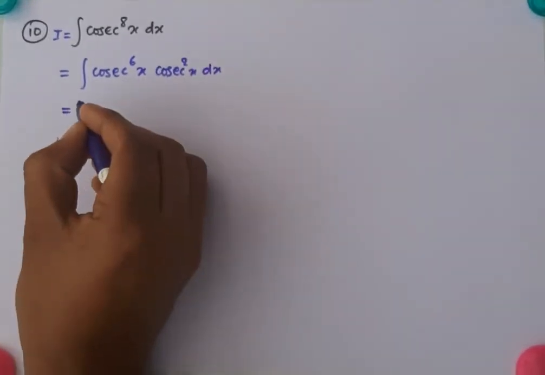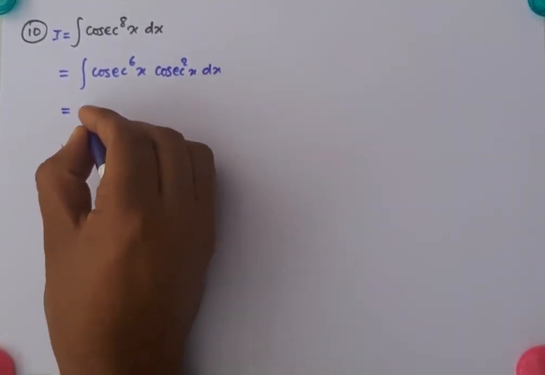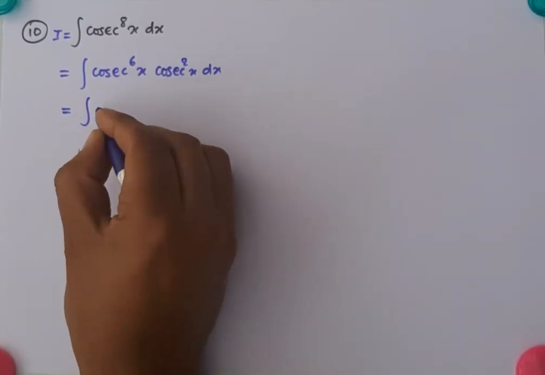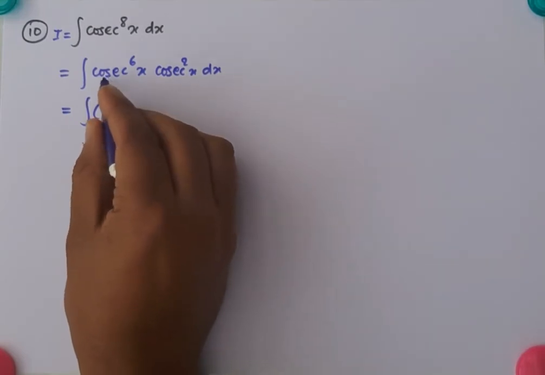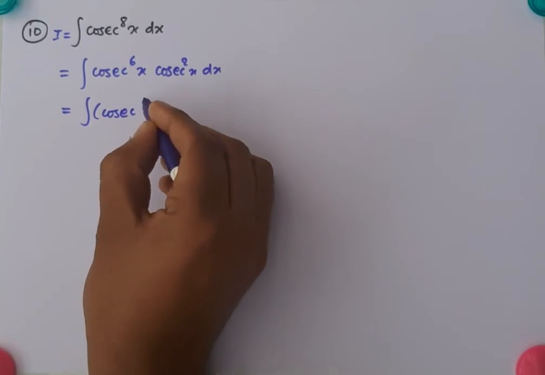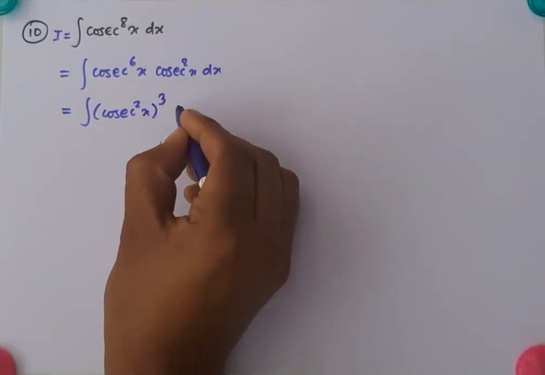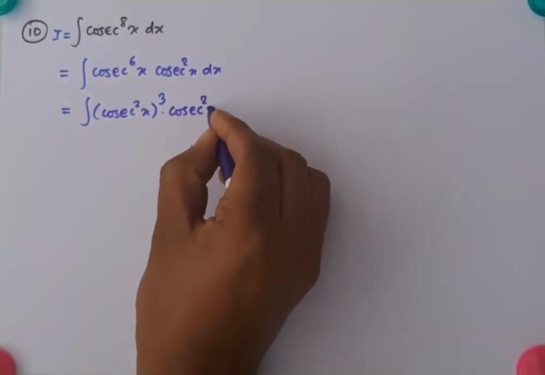Now you know that cosec square x can be written, okay, let's not change this. So this one can be written as cosec square x to the power 3 into cosec square x dx.